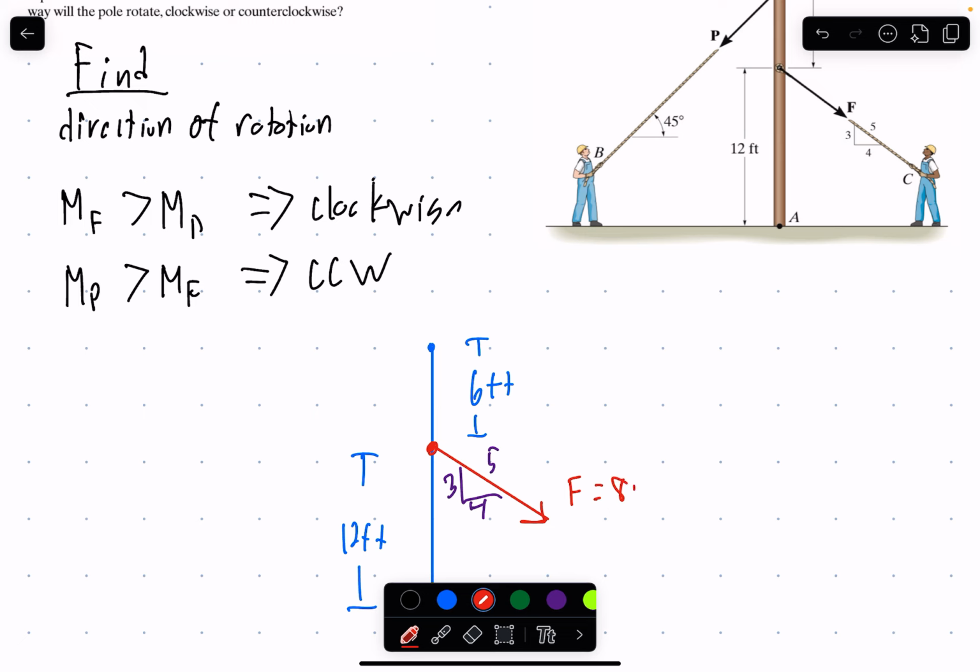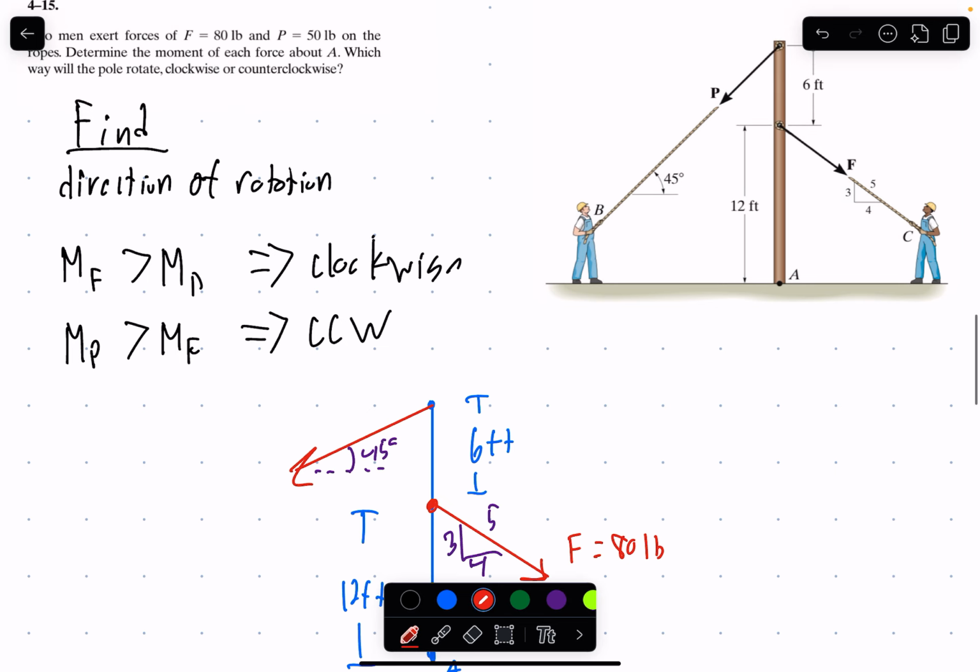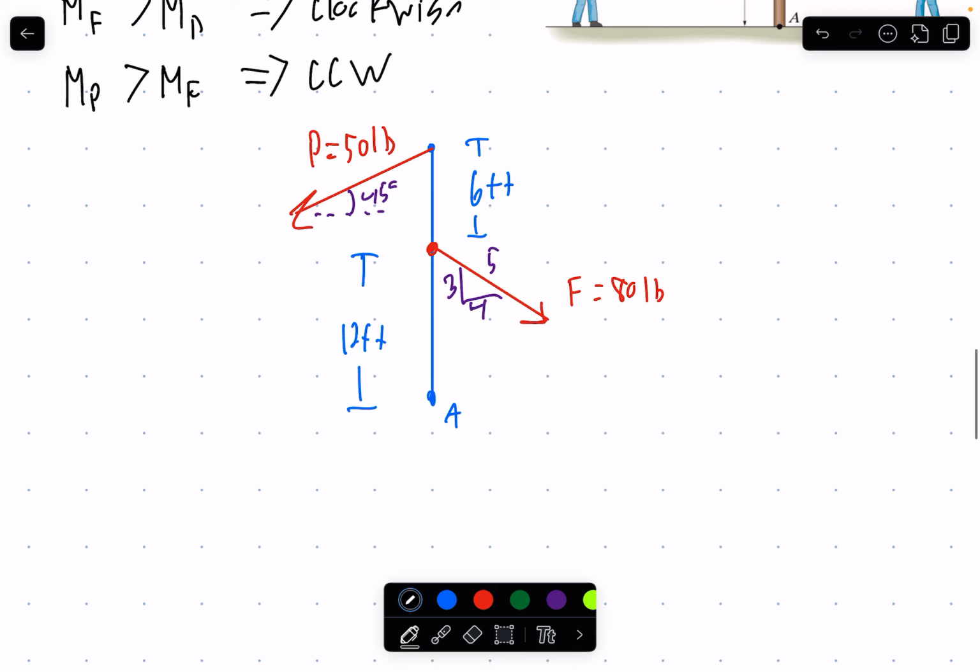Then we have force P right up there. It's defined by a 45-degree angle right here, and we know that force P is going to have a magnitude of 50 pounds. Okay, so now we have everything defined and labeled.